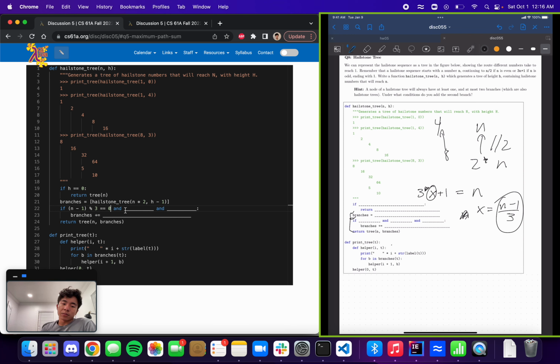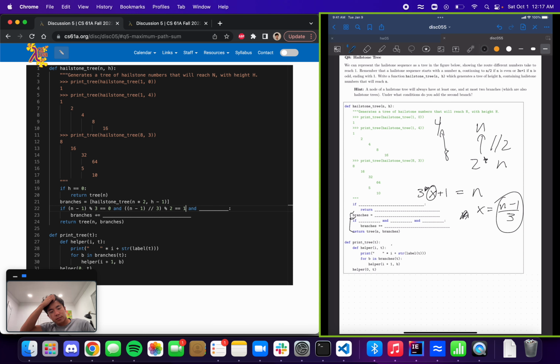And another condition that we might have is that n minus 1 over 3 is an odd number. And so what we're going to do here is say n minus 1 divided by 3, and we're going to make sure it's an odd number. So mod 2, this entire thing, mod 2 is equal to 1. So checking if it's odd.